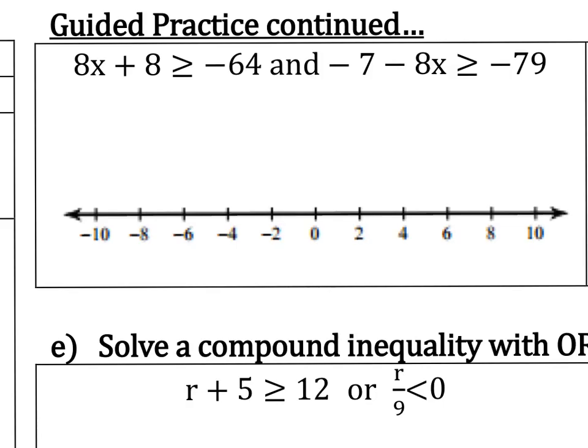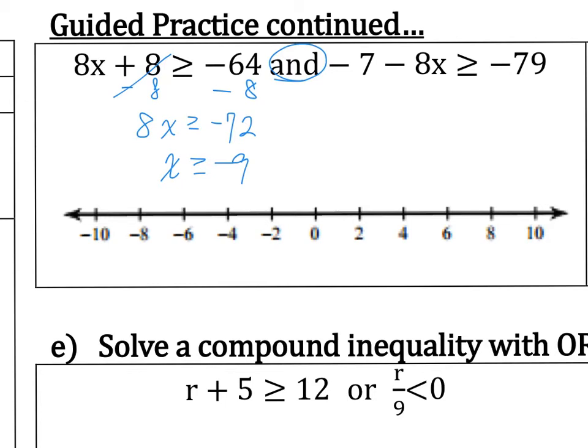Okay, now we have slightly more complicated compound inequalities. As you can see, you have 2 joined by and. So again, we need to solve these separately. So the first one will be x greater than or equal to negative 9.